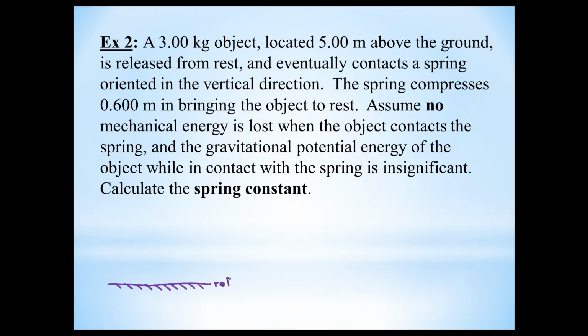We're going to say that's my reference axis. So we have a spring. And I have a mass up here, which I'm going to drop. So this is state 1. And it tells me in the problem this mass is 5 meters above the ground.